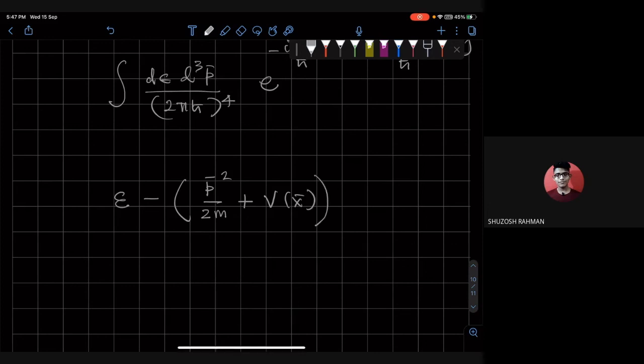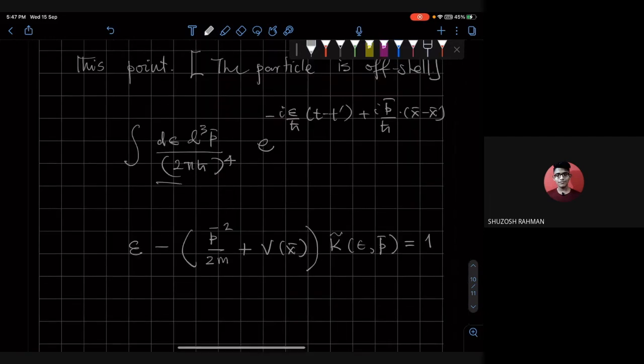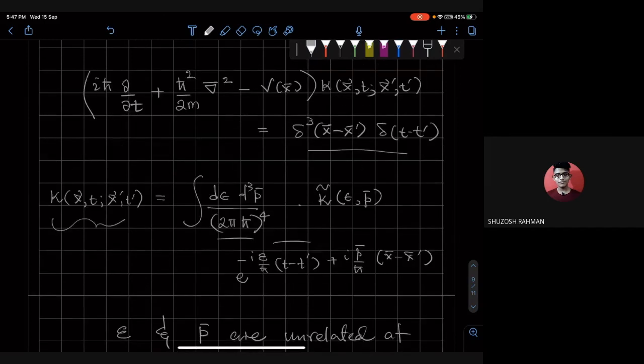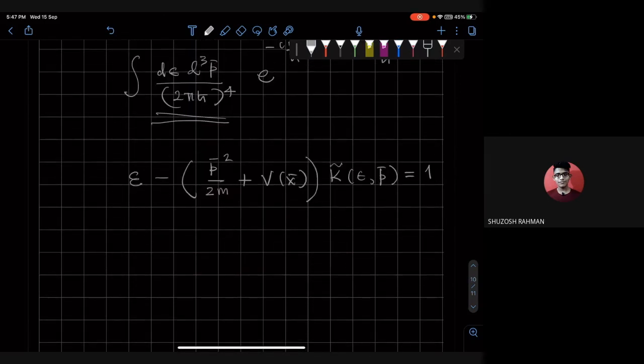And then we'll have K tilde, which is a function of epsilon and p. And on the right-hand side, we'll just have 1. Is this clear? Because what we're doing is just getting rid of the integrals and the exponentials. So this is what we get when we try to solve that equation using Fourier transform.